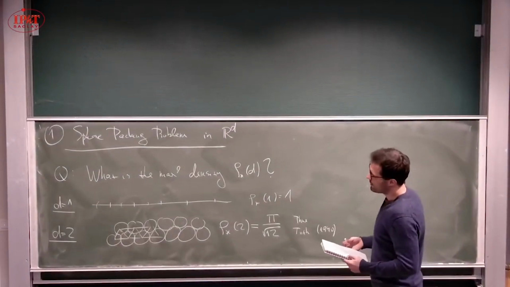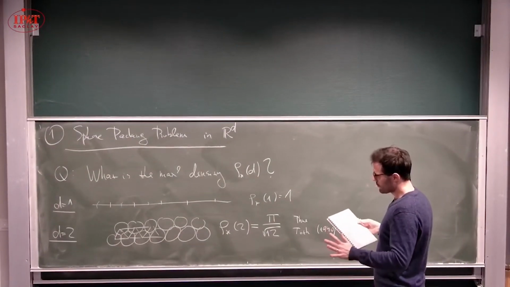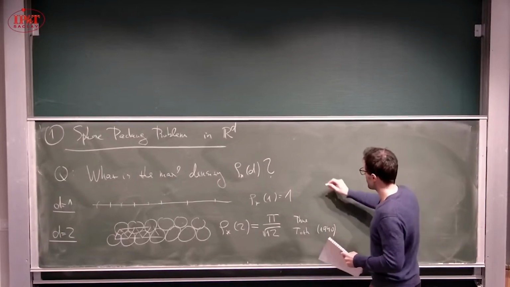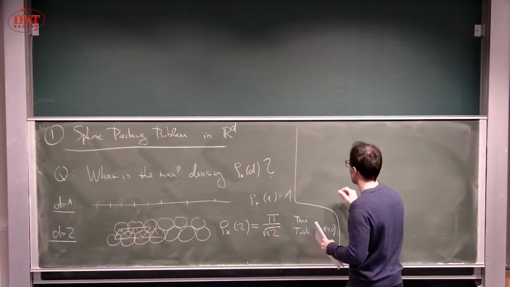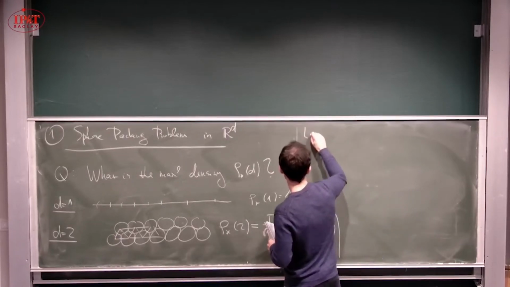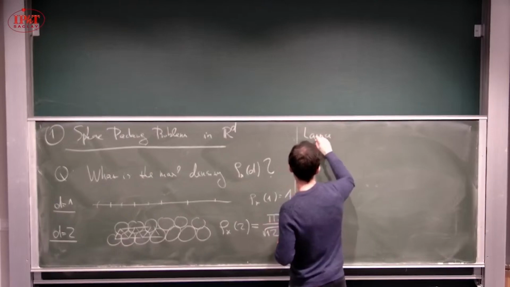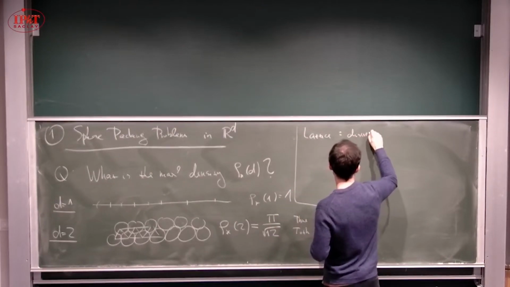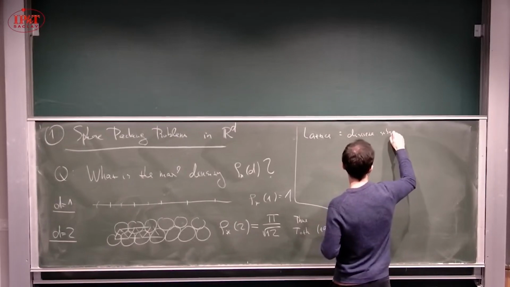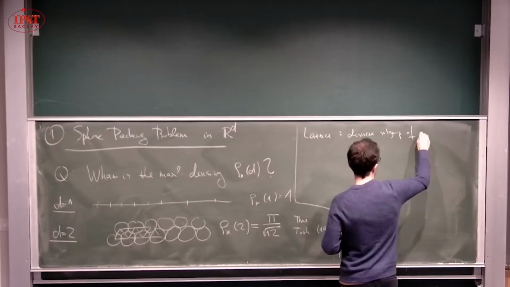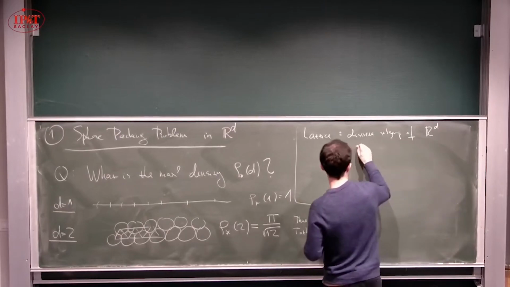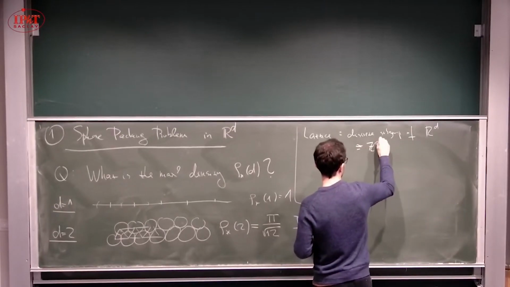In general, the spheres in a sphere packing don't have to form a lattice, but let me first say what a lattice is before I keep going to higher dimensions. A lattice is a discrete subgroup of R^d of full rank, meaning that it's isomorphic to Z^d.